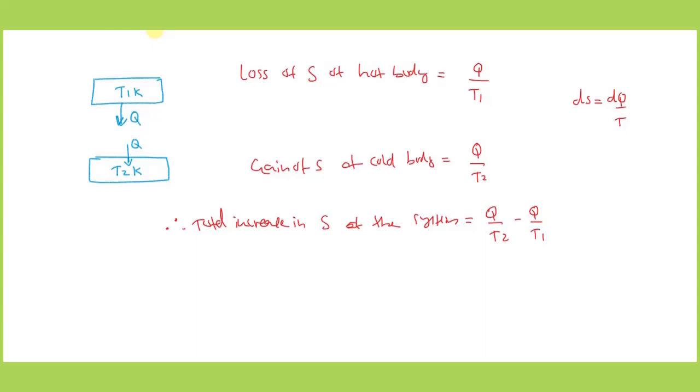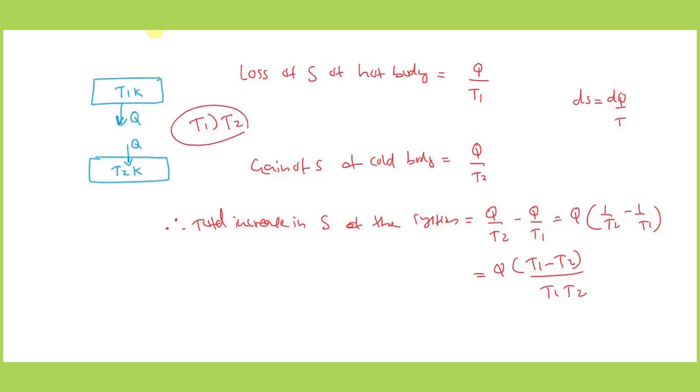Okay, so if I take Q outside, then this is Q into (1 by T2 minus 1 by T1), and that will be Q into (T1 minus T2) by T1 T2. T1 is the hot body, T2 the cold body, and so T1 is greater than T2.